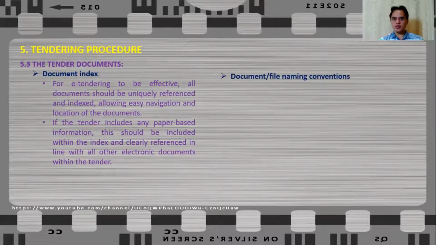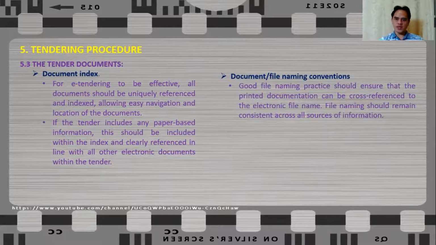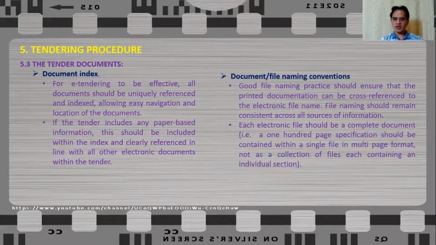A good document or file naming convention should also be observed. Good file naming practice should ensure that printed documentation can be cross-referenced to the electronic file name. File naming should remain consistent across all sources of information. Each electronic file should be a complete document.